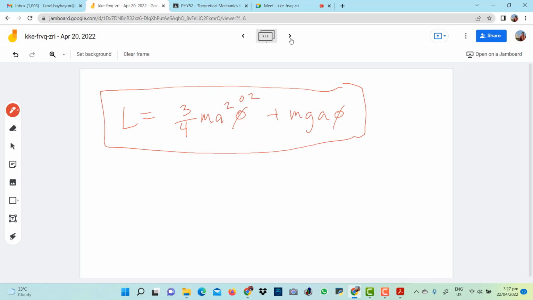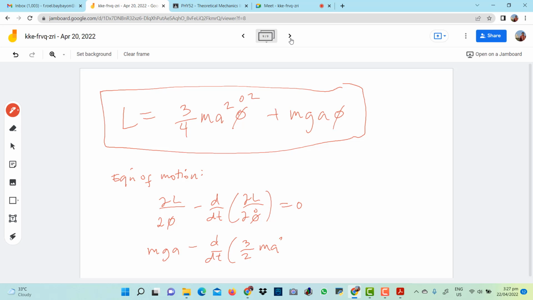So, using the usual Euler-Lagrange, the equation of motion is just this. It is only one equation: partial L with respect to phi minus d/dt of partial L with respect to phi dot equal to 0. In this case, if I derive L with respect to phi, you will get mga, minus d/dt of, if I derive with respect to phi dot, 3 halves m a squared phi dot equal to 0.